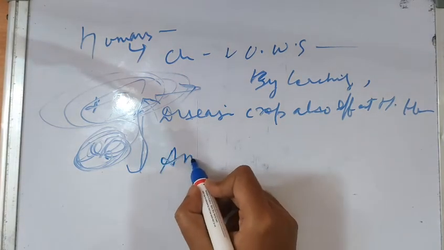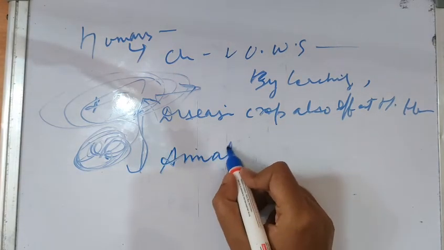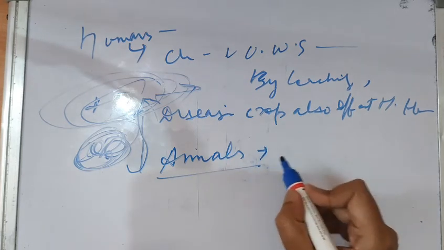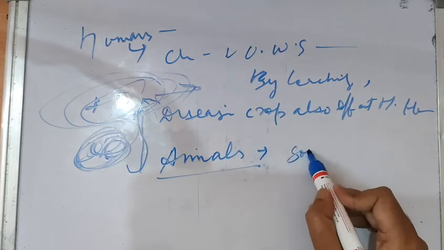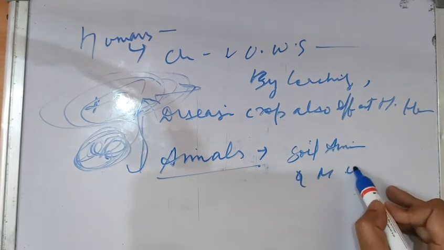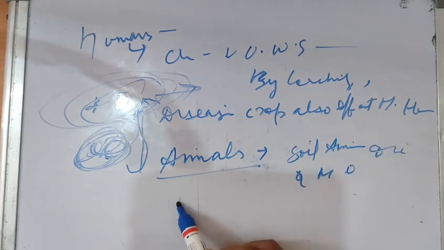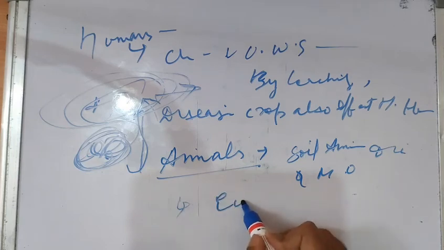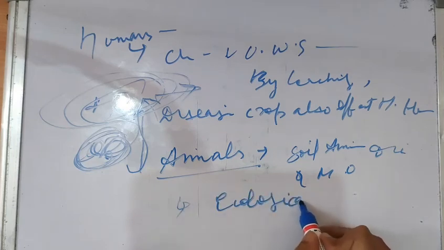And for animals, soil animals or microorganisms die. Ecological imbalance can be seen.